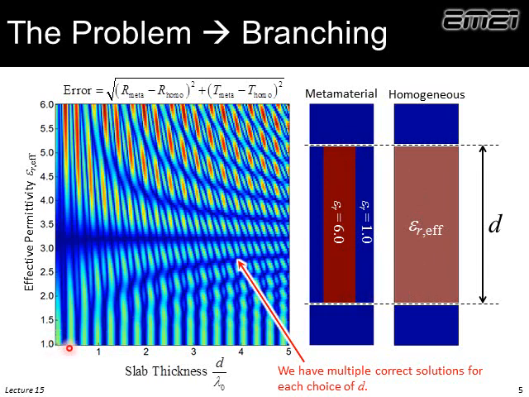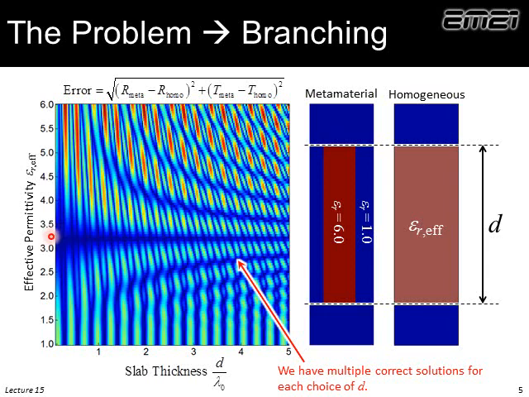And for each thickness, the horizontal axis is thickness, I sweep all of the possible effective dielectric constants, and I calculate the error. In principle, as I change the thickness, if this does really act like an effective material, that should not change its effective properties. We have seen in our subwavelength lecture that for really, really shallow gratings, that's not necessarily the case. But here we have a pretty deep grating, so that's not really the issue.